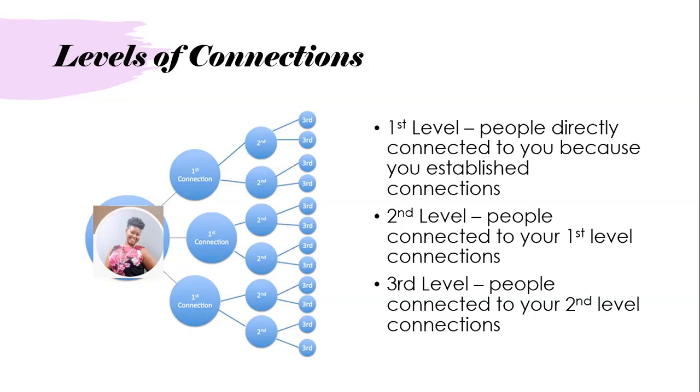When you see their profile, it's going to say second. That means that they're just connected to one of your connectors. The third level are the people that are further away from you. They are connected to your second level connections. Now, there's actually a fourth level, and those are people that are just beyond our connection. They're not connected to anyone.